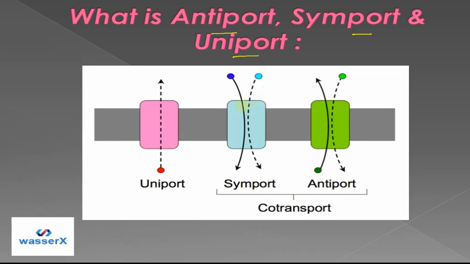In symport, two molecules simultaneously enter or leave the cell, moving in the same direction. Either they both enter the cell or they both leave the cell. In antiport, one molecule will enter the cell and the other molecule will leave the cell.